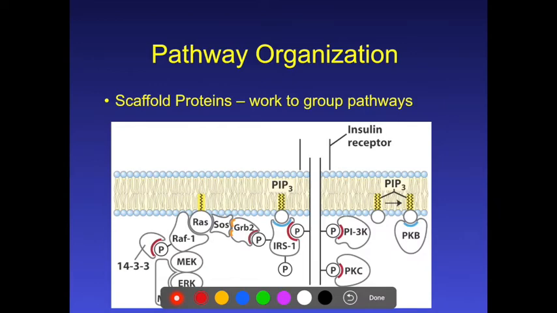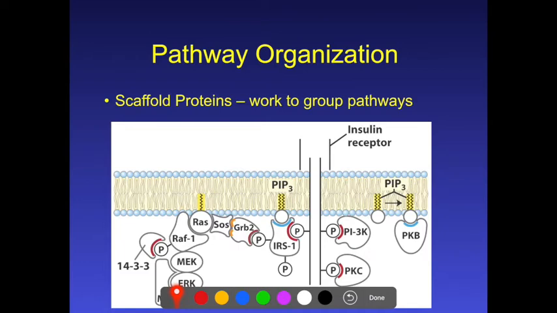Now, one thing about regulation that we see is that here's the insulin receptor, here's the pathway I just talked about in terms of protein kinase B being opened up, but over here is the pathway where IRS, GRB2, SOS, RAS, RAF, and all of these others. Okay, some of these proteins didn't seem like they were ones that upregulated things. They just seemed to bind together. Well, quite a number of these proteins that are part of these pathways aren't necessarily places where we get amplification, but they are scaffolding proteins.